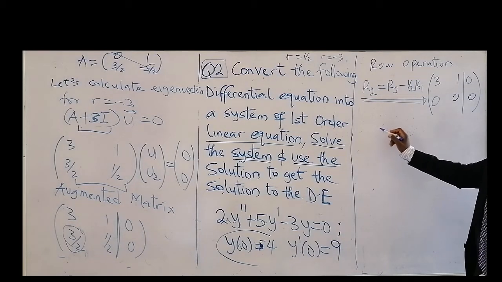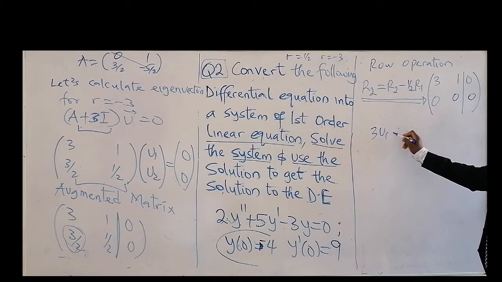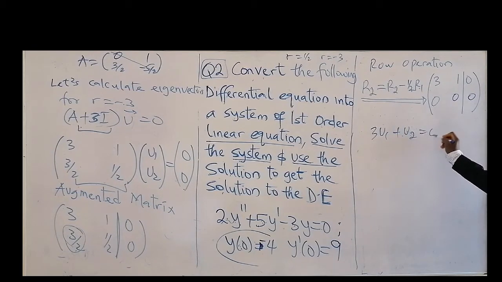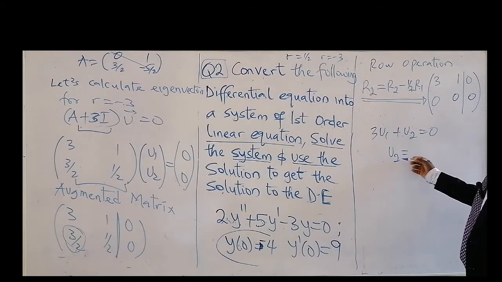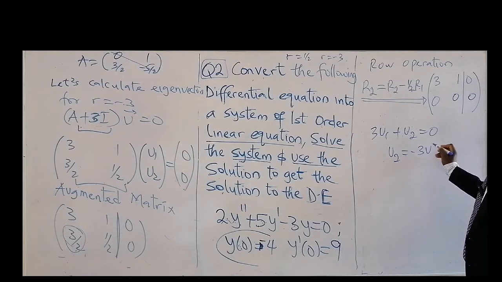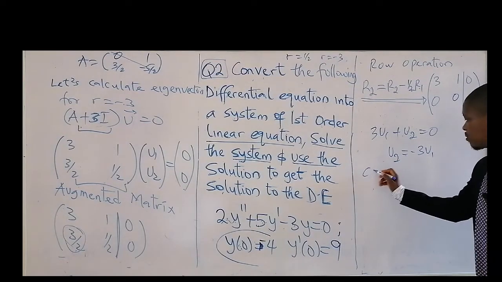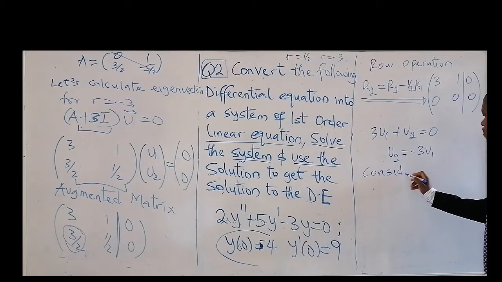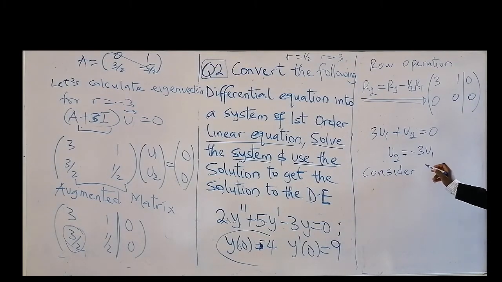So we now have 3u1 plus u2 equal to 0, so u2 equals minus 3u1. Consider u1 to be x.